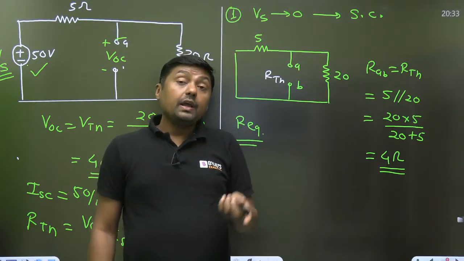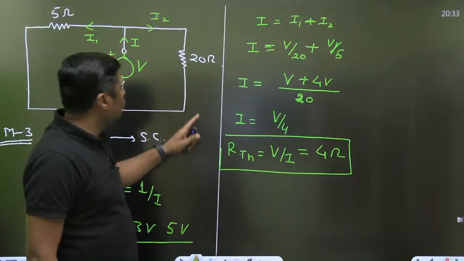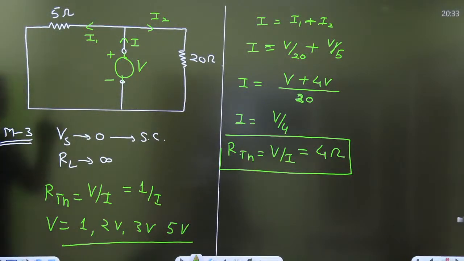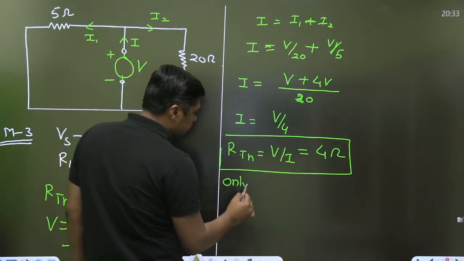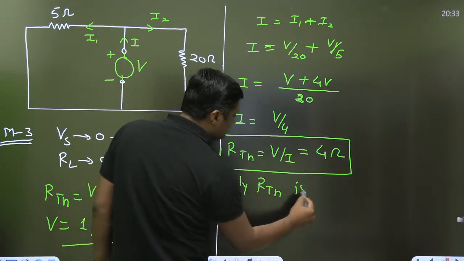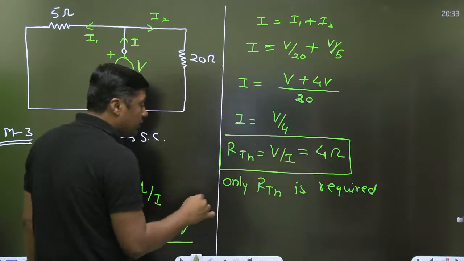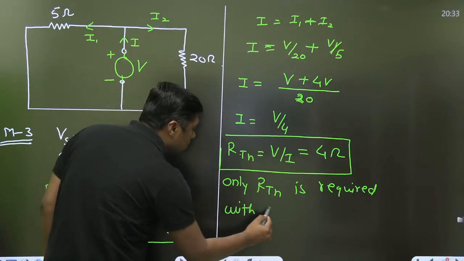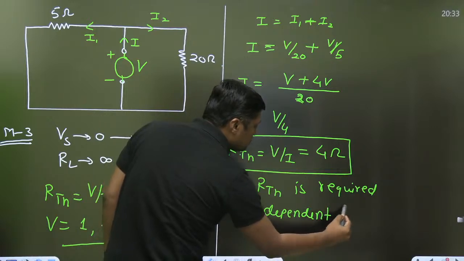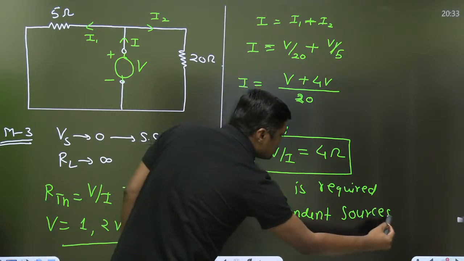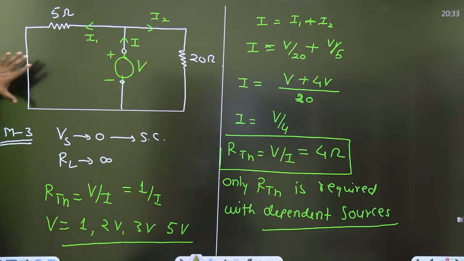But if dependent sources are present in the circuit, go with this method if you want only RTH. In a particular question, if you calculate the RTH only with dependent sources, then you can use this method.